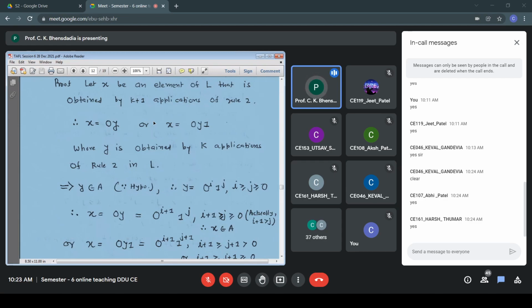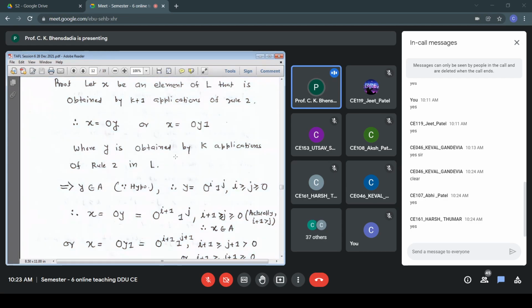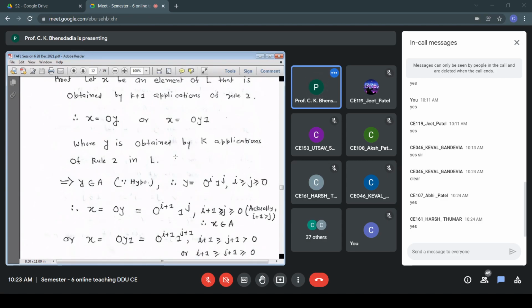So don't stay away from proving certain statements. Proof is very important. Whatever we claim has to be proved. So it's not for interest, it's for the requirement. We are learning a formal approach for proving claims, proving statements. Fine.